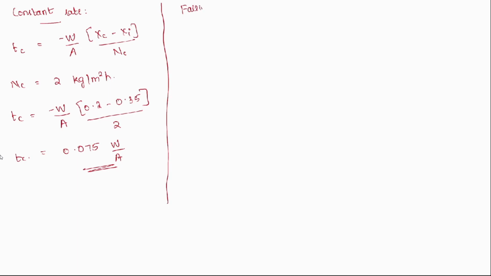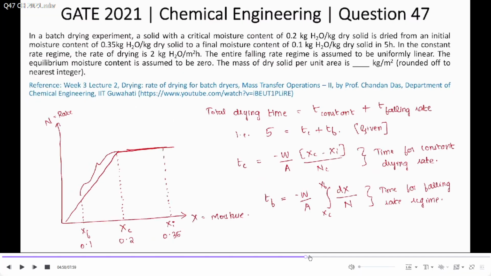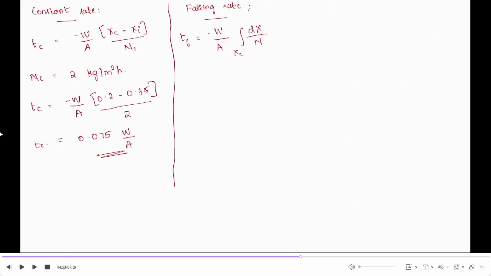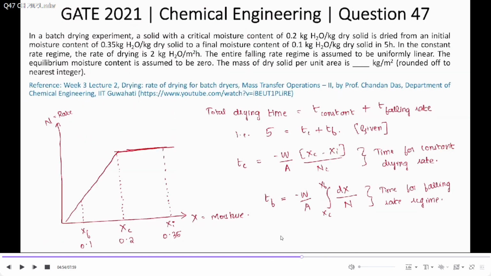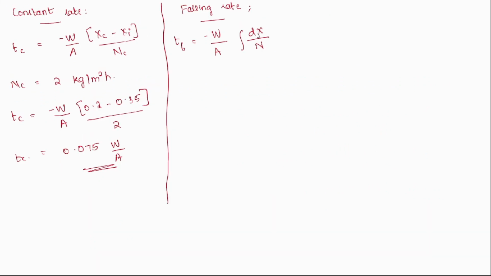So for falling rate, time Tf is given as W by A integral of dx by n from xc to xf. As I mentioned before, this n in the falling rate is a function of x.